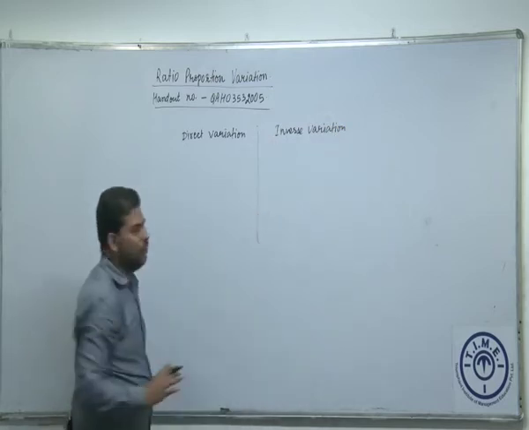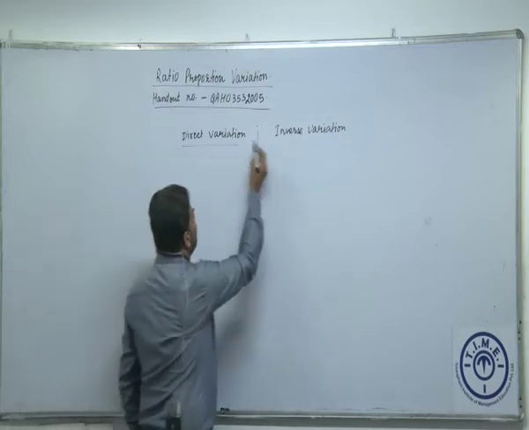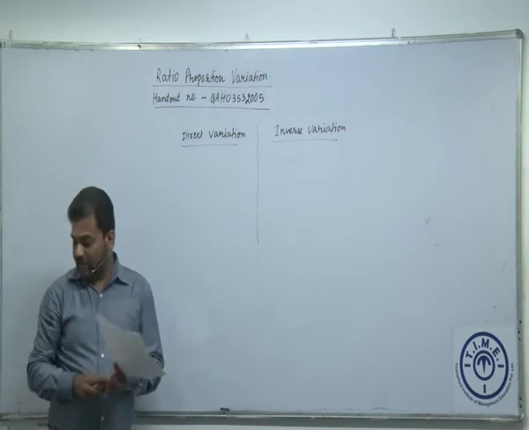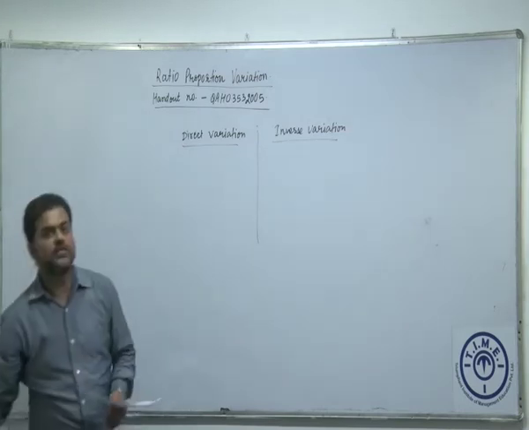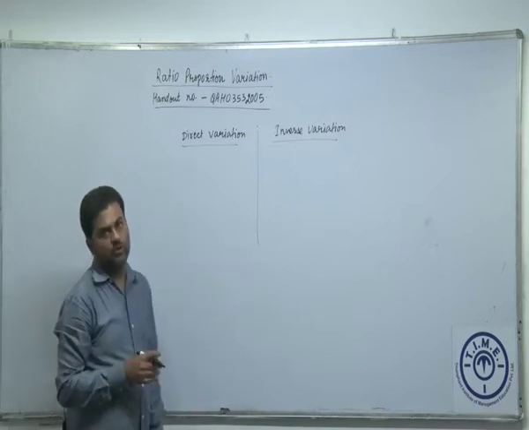We'll write them side by side and compare what is the difference between these two. Direct variation is also known as direct proportionality. Similarly, inverse variation is also known as inverse proportionality.